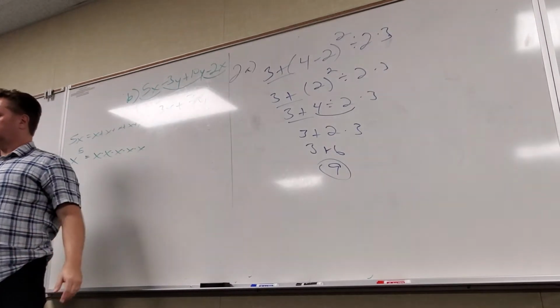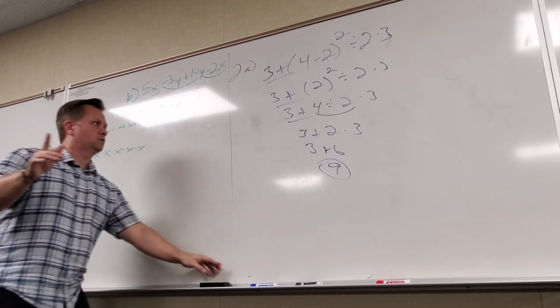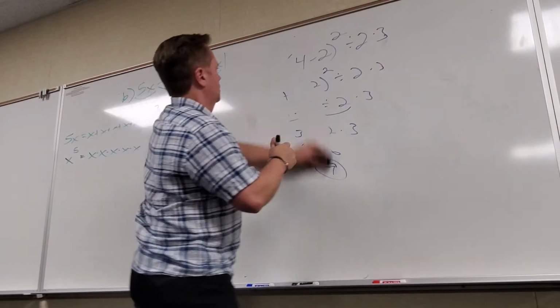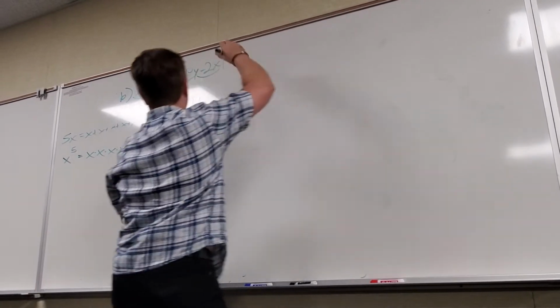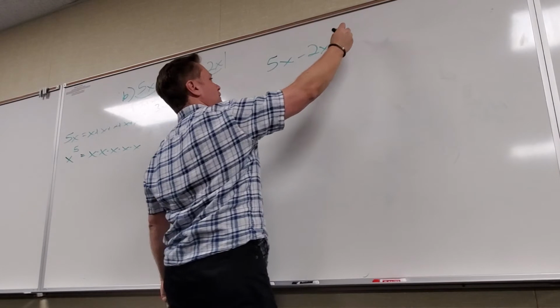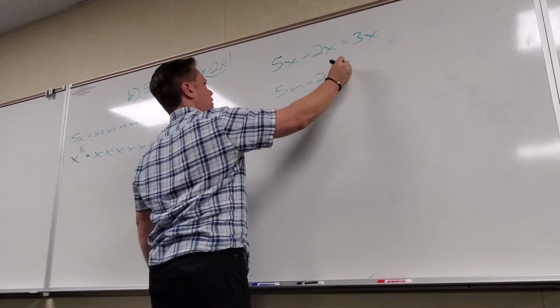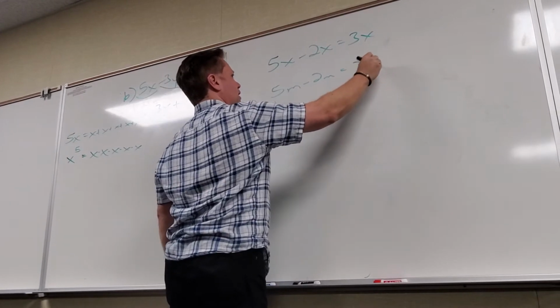Okay, maybe. Now watch this. This is really cool. See if you guys agree with me. Remind me, 5x minus 2x is 3x. 5m minus 2m is 3m, right?